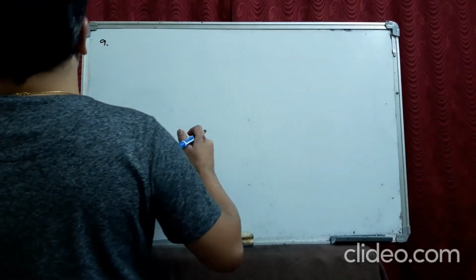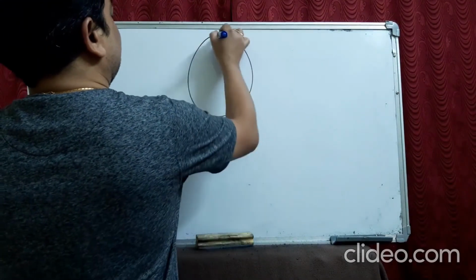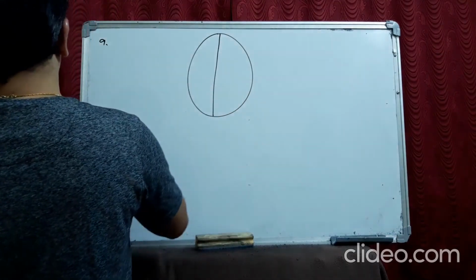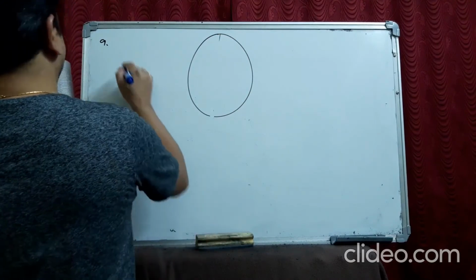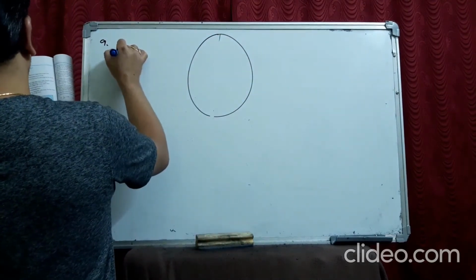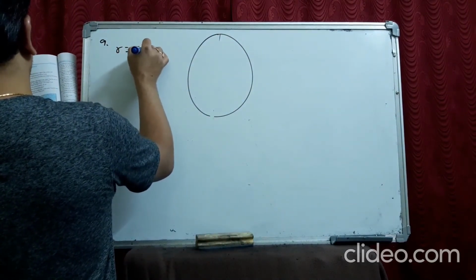A brooch is made, with how many parts it made? Diameter 35 mm. So R is equal to 35 by 2 mm.